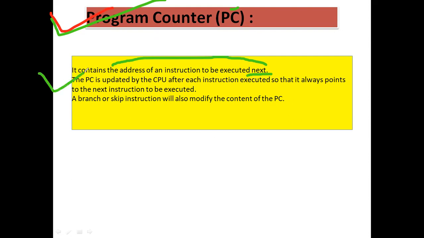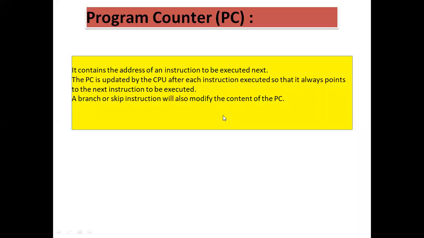The PC is updated by the CPU after each instruction is executed so that it always points to the next instruction to be executed. This program counter has to be regularly updated because many instructions are executed, and we don't want our CPU to be idle. You know from your basic classes on operating systems that the processor should not be kept idle.